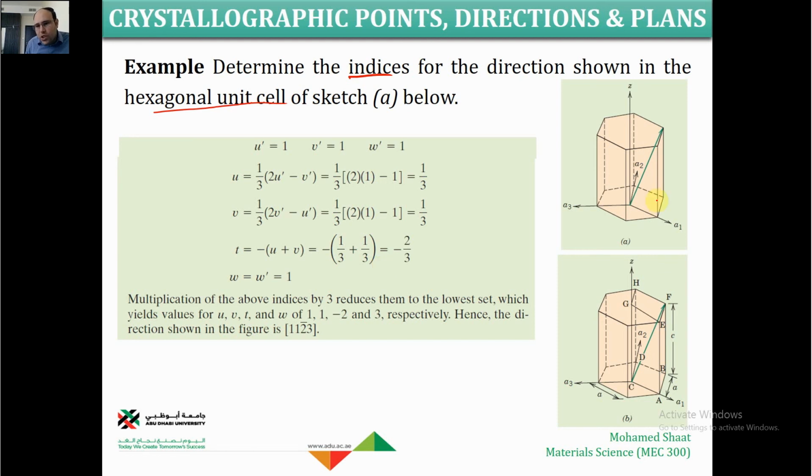Your objective is just to draw this hexagonal base. Over this hexagonal base, remember that A1, A2, A3, Z are the 4-axis coordinate system. But here, with A1, A2, Z, this is how you are going to work, over this coordinate system.